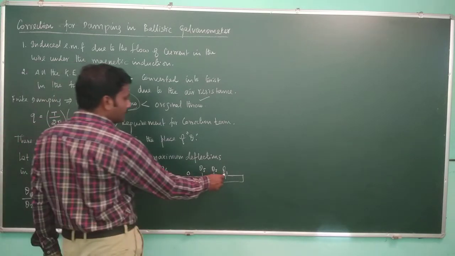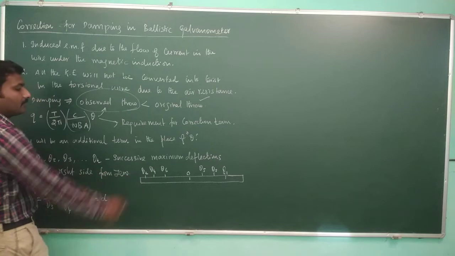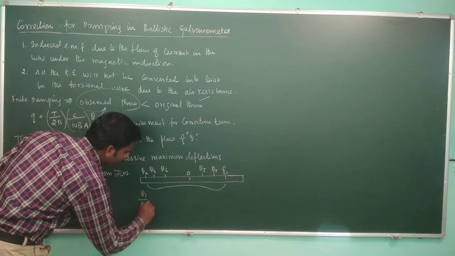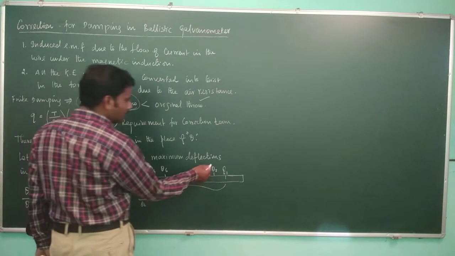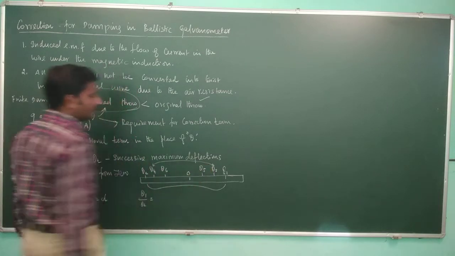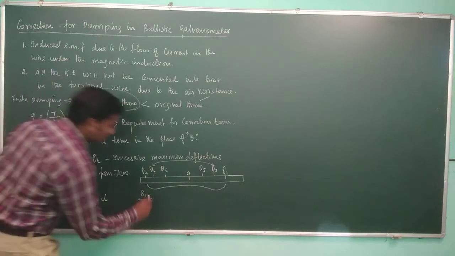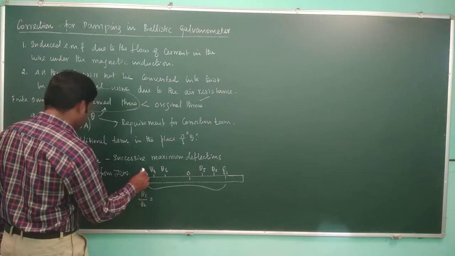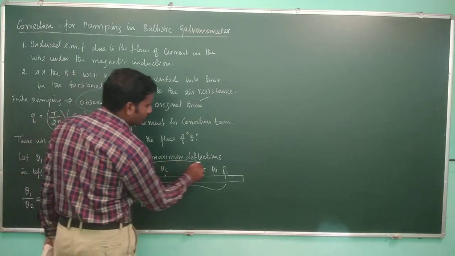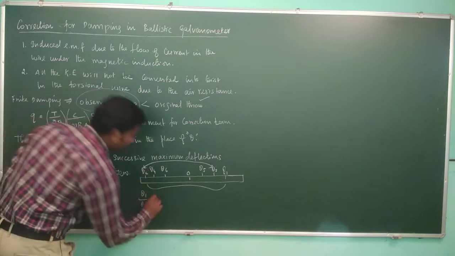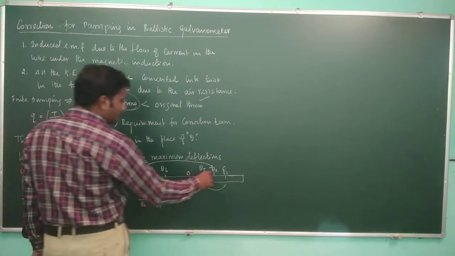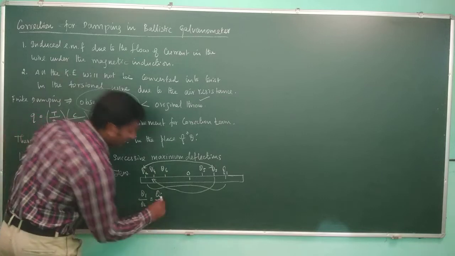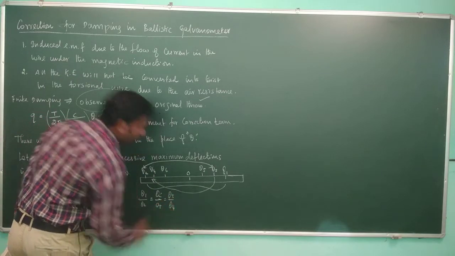That is, if you take the ratio of the first maximum on the right side to the first maximum on the left side, θ1 by θ2, that is equal to the ratio of the first maximum on the left side to the second maximum on the right side, θ2 by θ3, or the second maximum of the right side to the second maximum of the left side, θ3 by θ4.